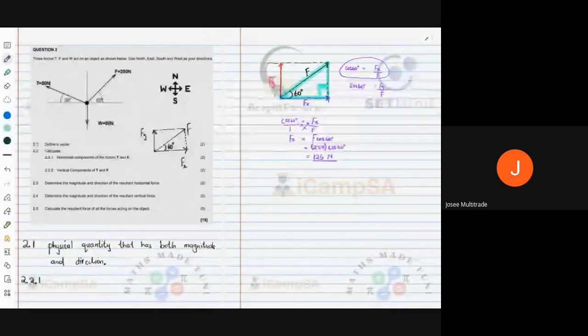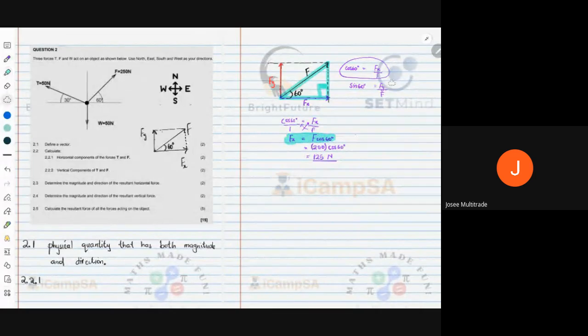All right, so what are you guys getting for Tx? You do the same thing. Resolve, you find the trig ratios, then you proceed with your final answer. So my Fx was this one. This expression is what you would call your Fx. It means my Fy, for instance.